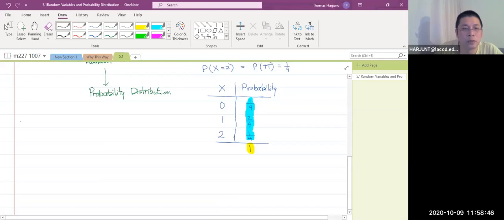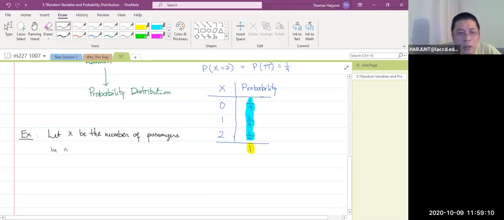Another example. Let X be the number of passengers in a passenger car, let's call that a sedan, coming to a mall parking lot.